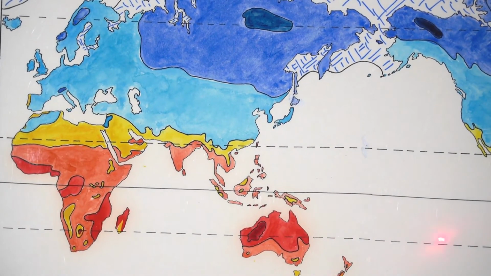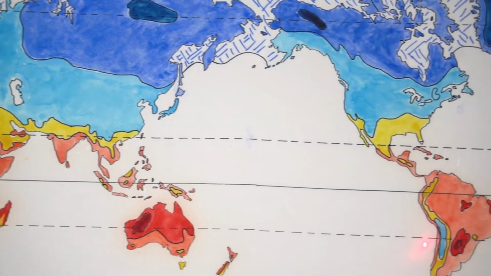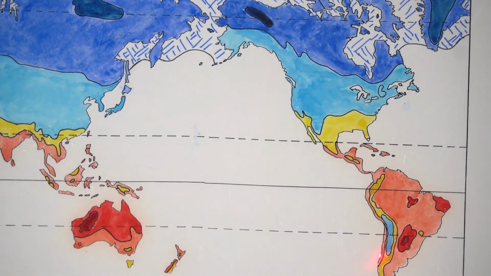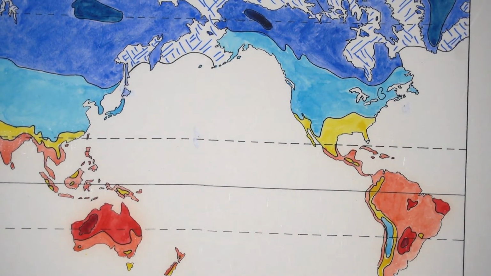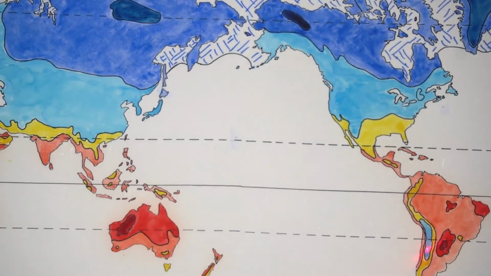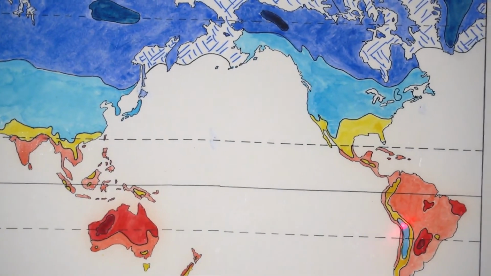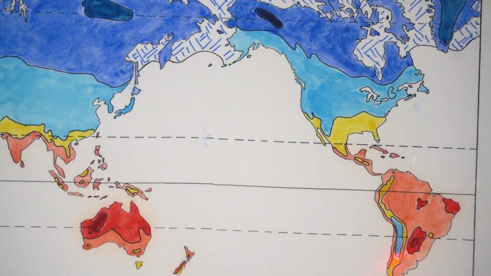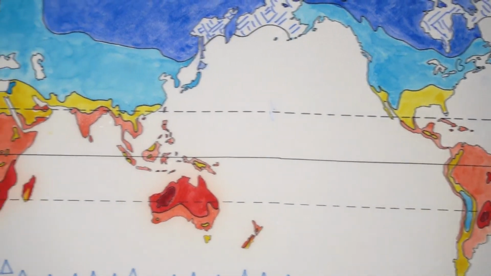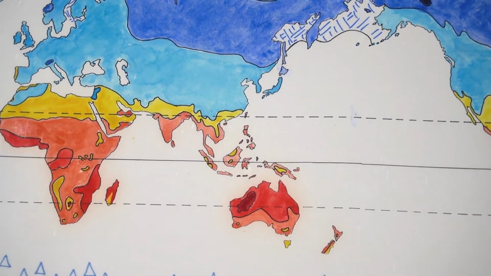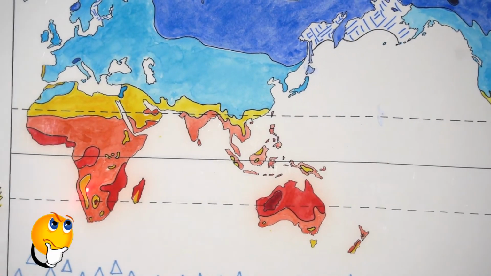And look at here, the western part of South America. Here is actually cold, even though the perpendicular rays are right here on the Tropic of Capricorn. It's cold here and just warm. I wonder why that is. And look at here in Africa, western part of Africa.